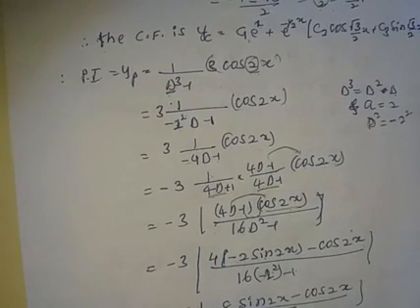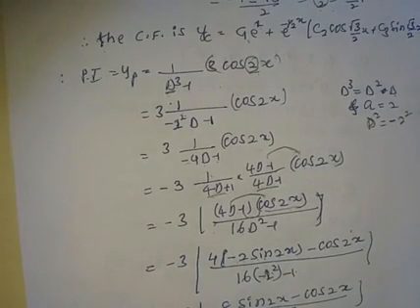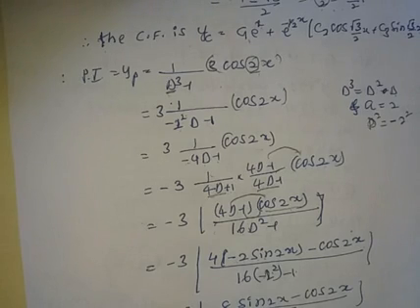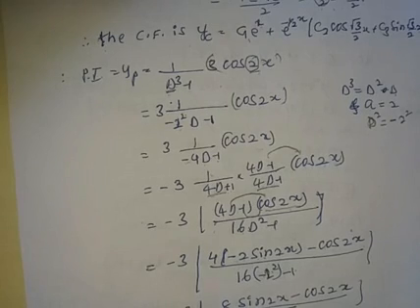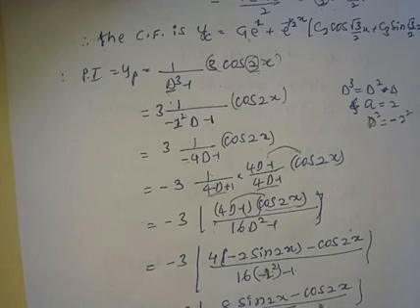Therefore now further, minus divided by minus is plus, minus 3 divided by 65, and here you will get 8 sine 2x plus cos 2x, because minus divided by minus is plus. So again taking minus common here, you will get this answer.